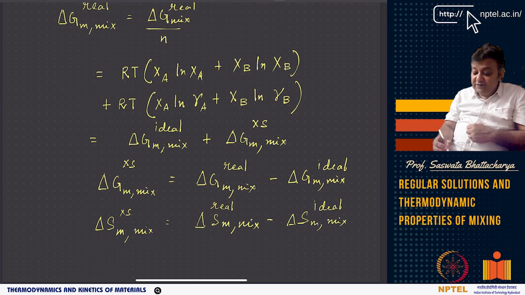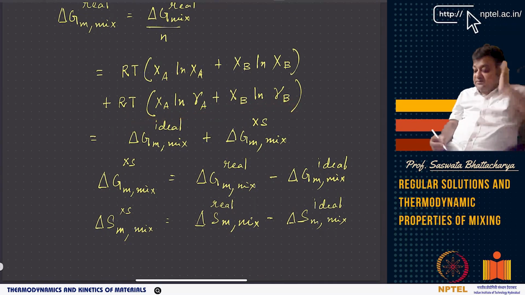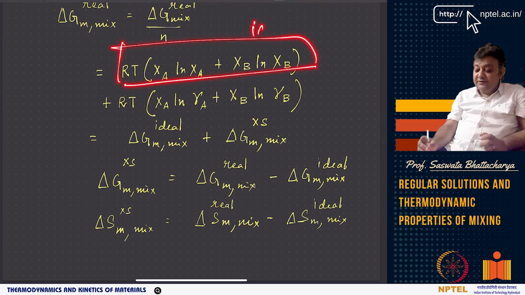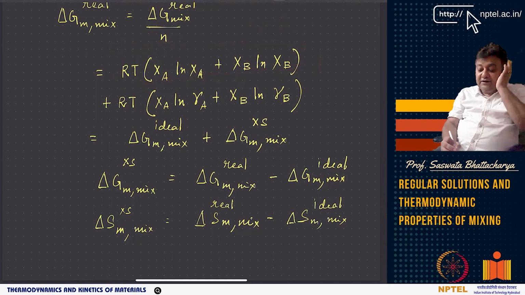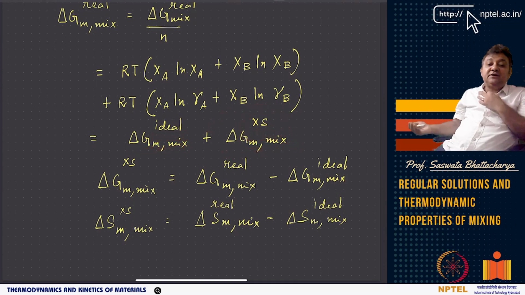So now this becomes RT XA ln XA plus XB ln XB plus RT, as you can see, this additional term in the real solution, XA ln gamma A plus XB ln gamma B. So if I now look at this part, this is the ideal part. So delta Gm mix for a real solution is a sum of delta Gm mix of the ideal solution plus delta Gm mix excess. See, this is the most important concept that you learn in solution.